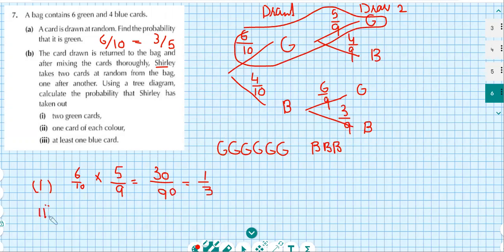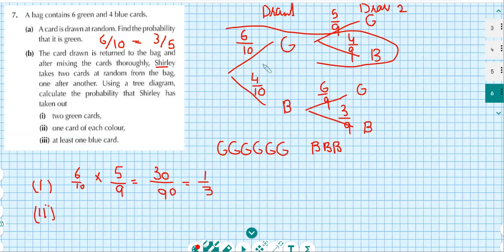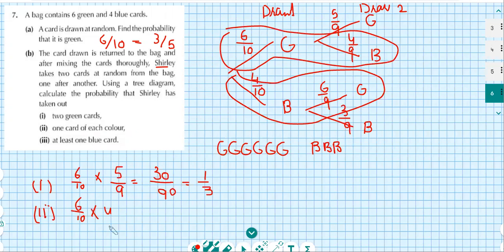Part 2, one card of each color. So it will be green blue or blue green. So there are two branches. 6 over 10 in the first branch multiplied by 4 over 9.